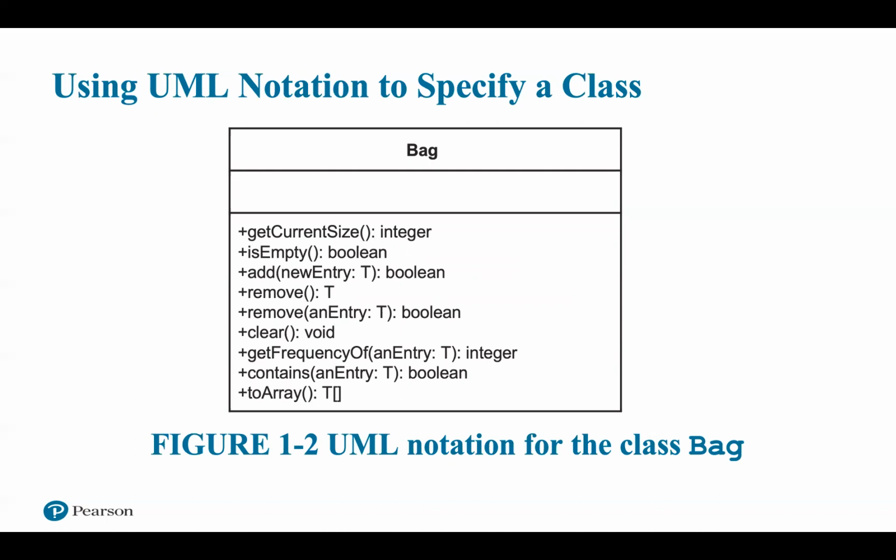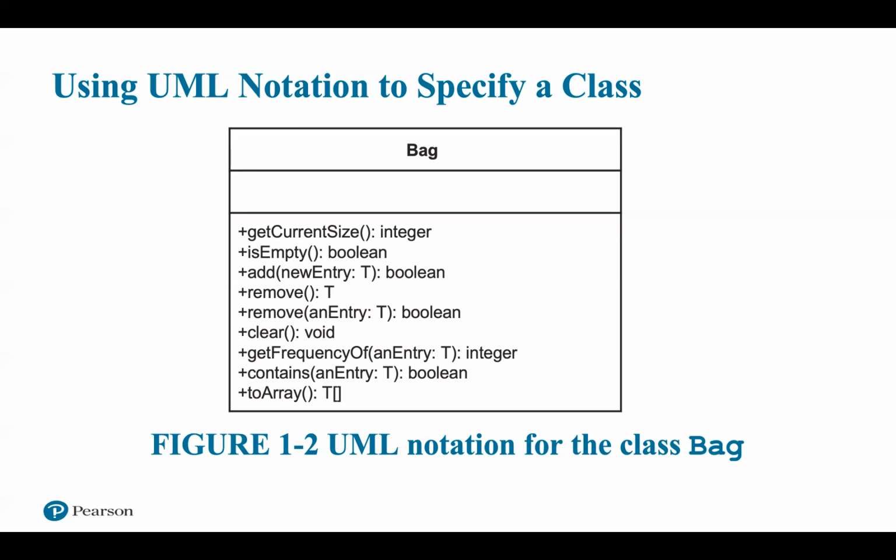The first behavior on our CRC card gives rise to a method that returns a count of the current number of entries in the bag. The corresponding method has no parameters and returns an integer. In pseudocode, we could write this, but we'll just keep referring here to this UML description of that.